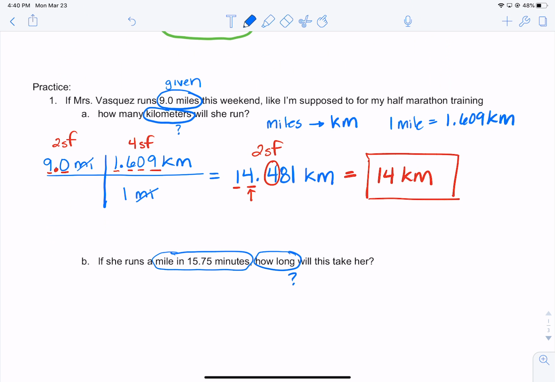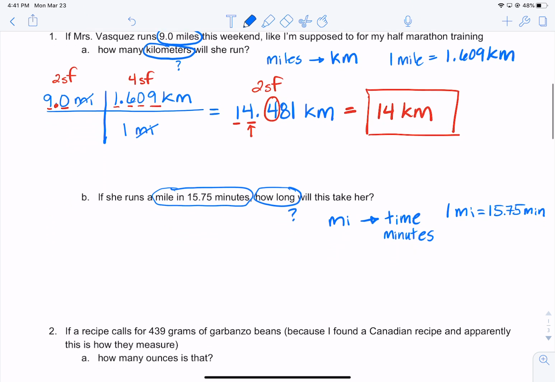Because here's the thing. We're going to go from miles to some type of time. And in this case, it'll be minutes. And in order to do that, the conversion factor is Miss Vasquez runs 1 mile in 15.75 minutes. So that is our conversion factor. If you guys were running the mile, it'd probably be faster, so you would have a different conversion factor.